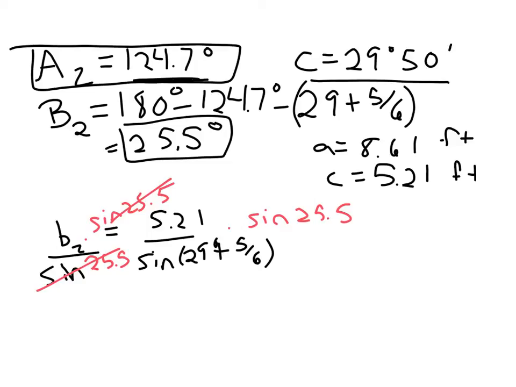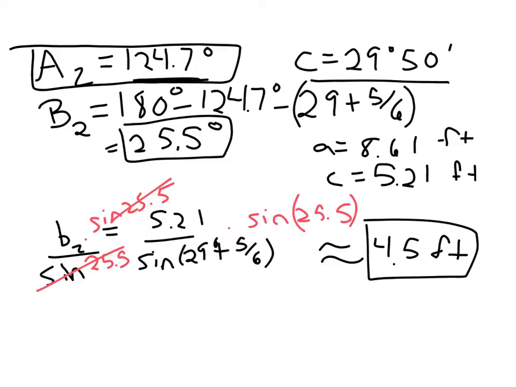Enter all of this into your calculator. Be careful with parentheses here. And you should get side B2 about 4.5 feet. And there is your second triangle.